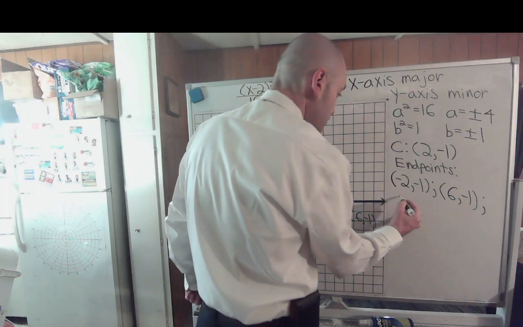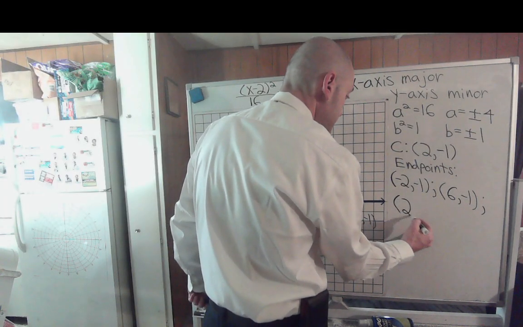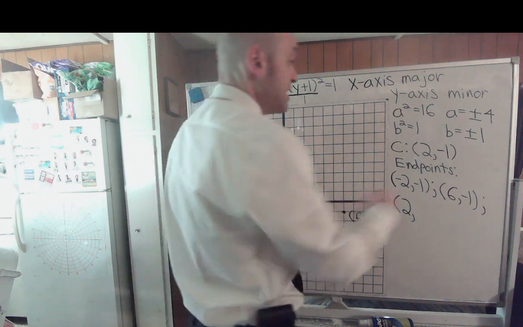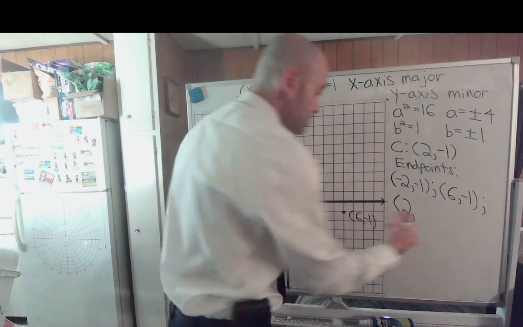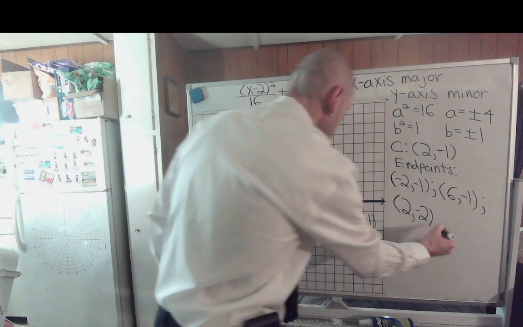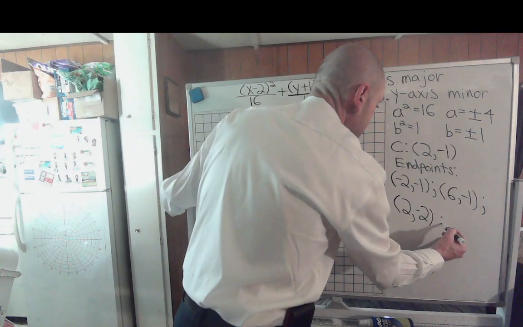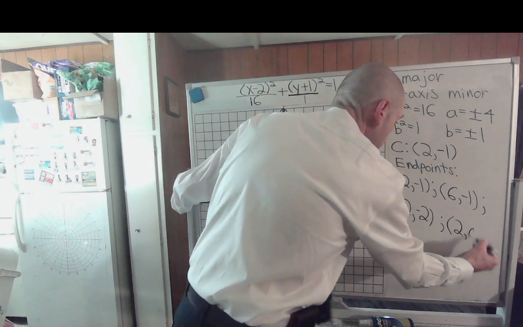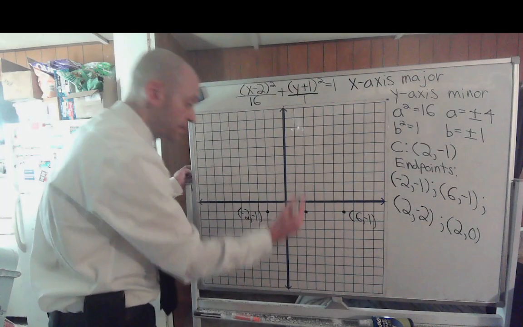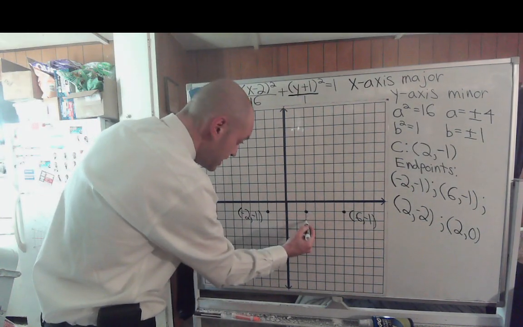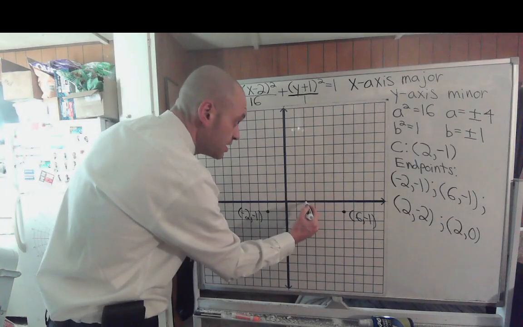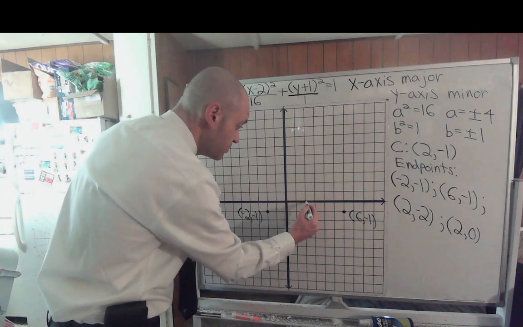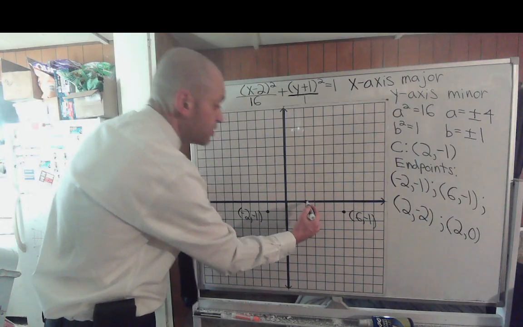For both of these, you'll leave your x-coordinate alone. That'll stay 2. But if I take that negative 1 and subtract 1, I'll get 2, negative 2. And then if I take that negative 1 and I add 1, I'll get 2, 0. So those are my endpoints for my minor axis. So 2, negative 2, and 2, 0.